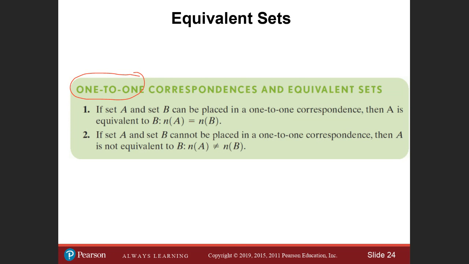Now, in the second definition, if there's no one-to-one, then A is not equivalent to B. So it means that the number of elements inside set A is not equal to the number of elements in set B.